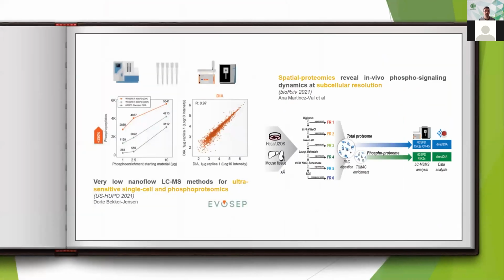Finally, a very fast developing and hot area at the moment is the need to go deeper in the proteome, as well as go to lower input materials. So the so-called single cell or few cell proteomics applications, which is really enabled by the latest developments in mass spectrometry, having these more sensitive mass spectrometers.